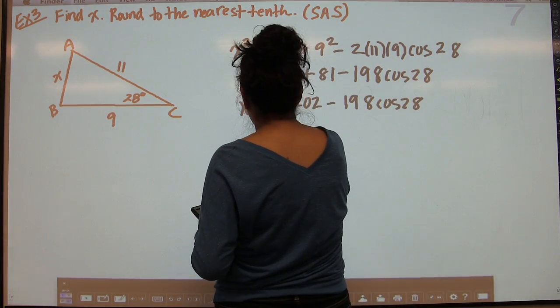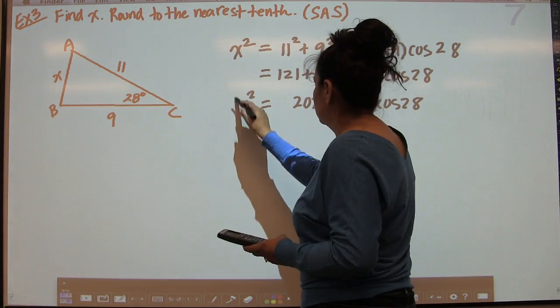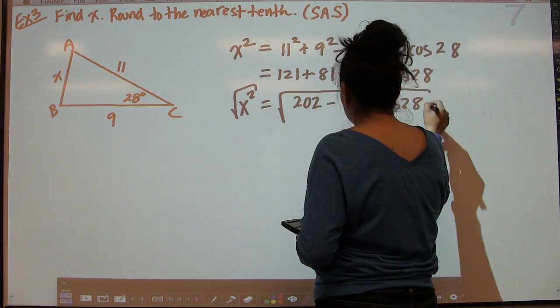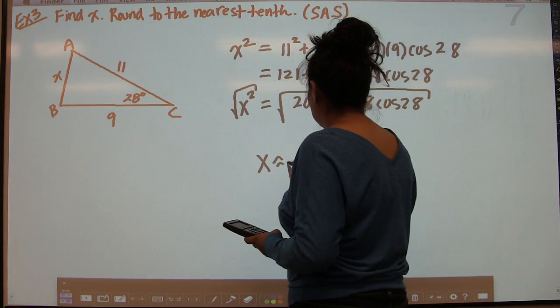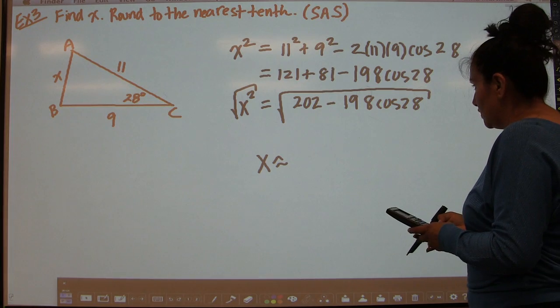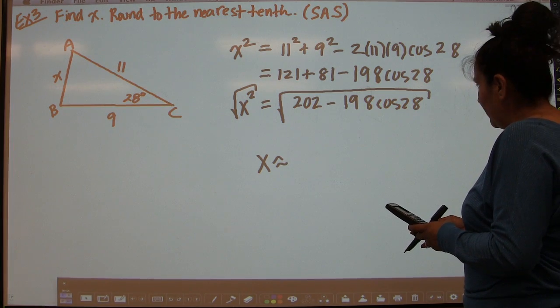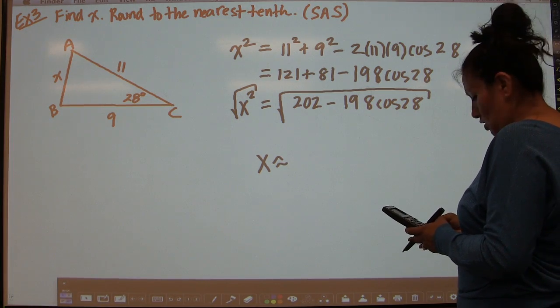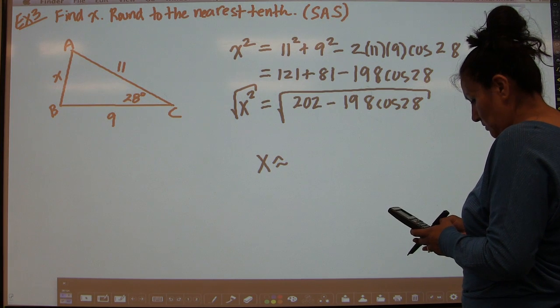And that's x squared equals. If you want to get x by itself, you're going to have to square root that. So that's what we're going to do now. We're going to take 202 minus 198 cosine of 28.